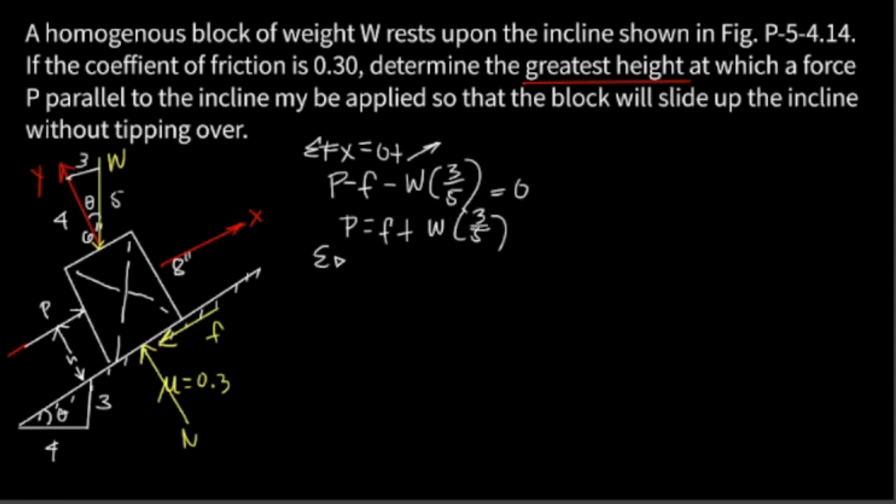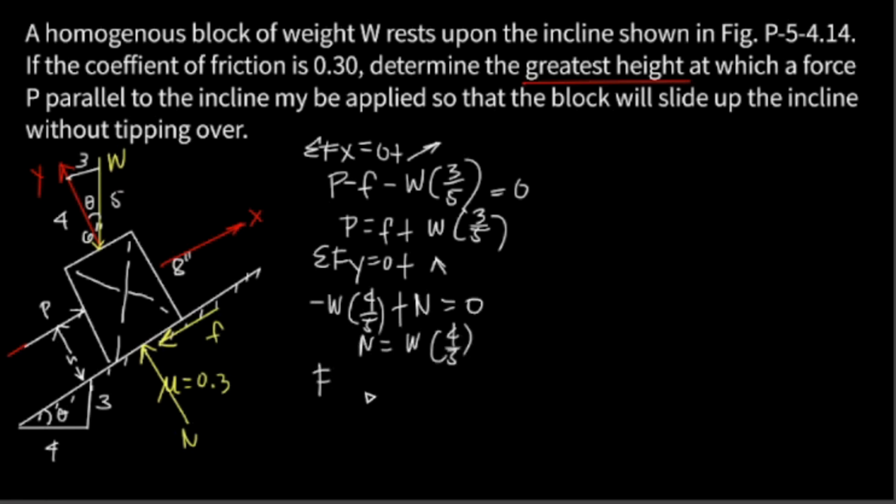Let's proceed to the forces along the y-axis. Sum of forces is 0, positive going this way. That will be negative W times the vertical over the hypotenuse, then positive N. We have no other forces on the y-axis. Therefore, N is equal to W times 4 over 5.